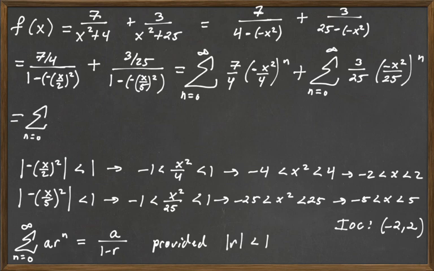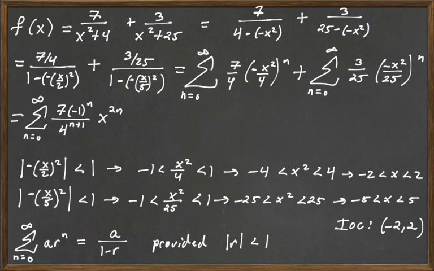So this becomes the sum n equals 0 to infinity of 7 times negative 1 to the n. So we're going to take this negative 1 out to the nth power over 4 to the n plus 1. So it's going to get an n here and a 1 there, so that becomes n plus 1. And then x squared to the n will be x to the 2n.